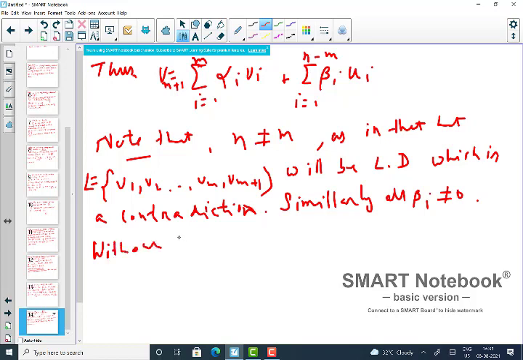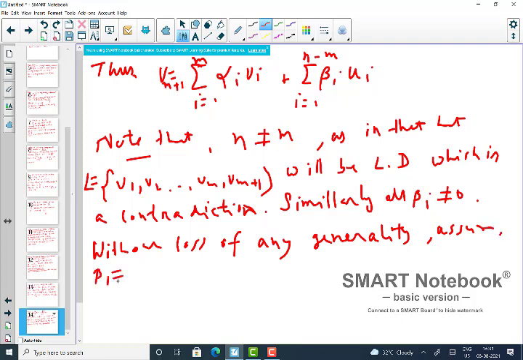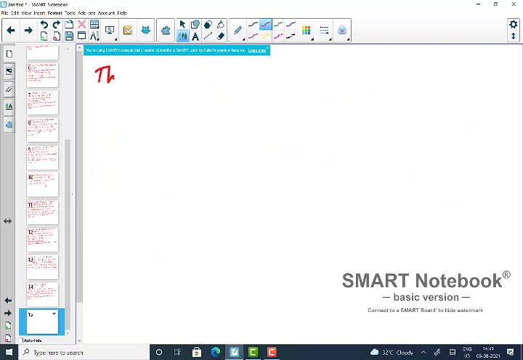Without loss of generality, we want to assume that this beta 1 is not equal to 0, and then you can write u1 in terms of the others, right?